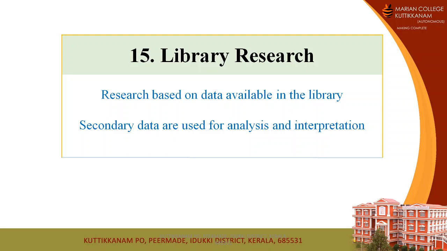So these are some kinds of secondary data that will be available in library research, and based on that secondary data we conduct this library research. So this is all about the types of research.